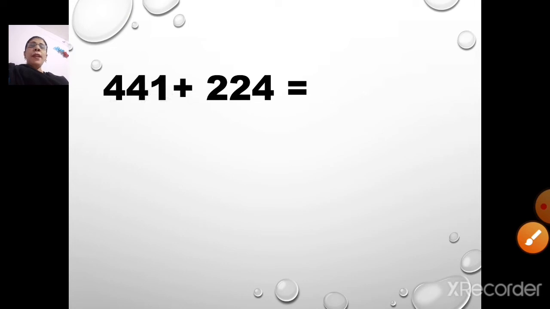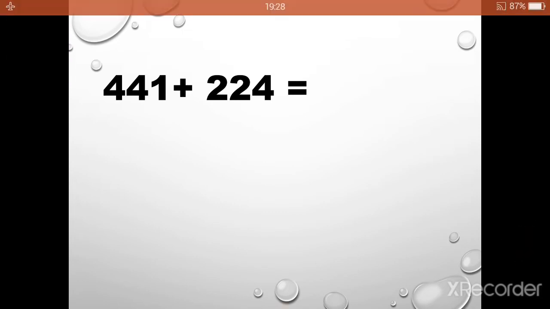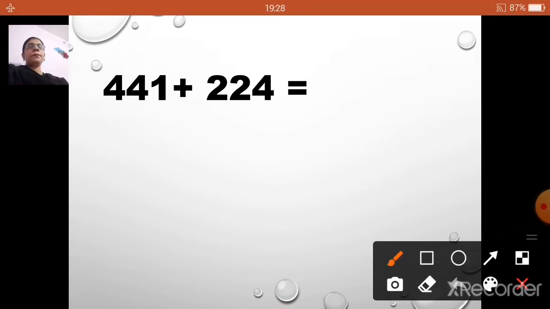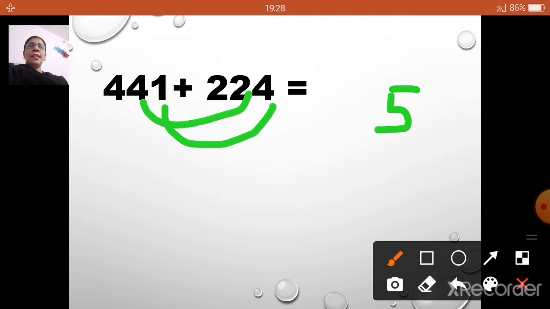Next, 441 plus 224. Let us add horizontally, children. Units with units, that is 1 and 4. So 1 plus 4 is 5. Now 4 plus 2, that is tens with tens. 4 plus 2 is 6.